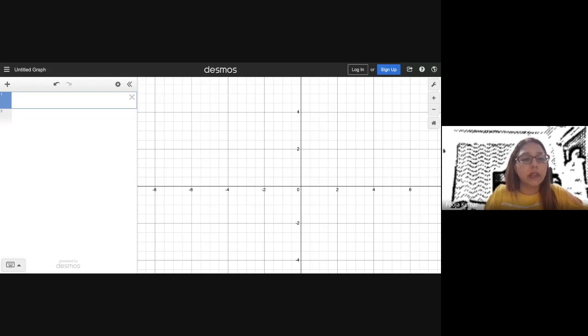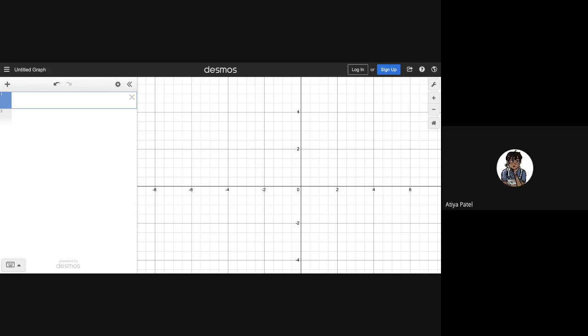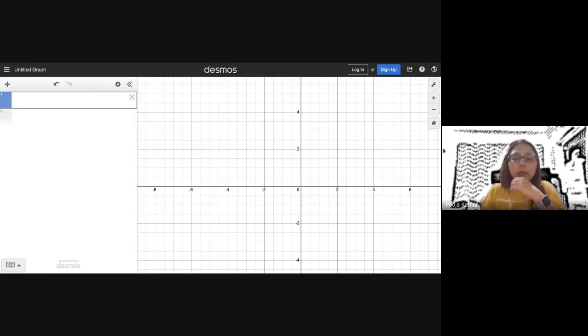For example, population: say population is increasing by 5% every 2 years. So what kind of function is this going to be? Then it's exponential. How do you know it is exponential? Because there is a fixed percentage and there is a time period, right?